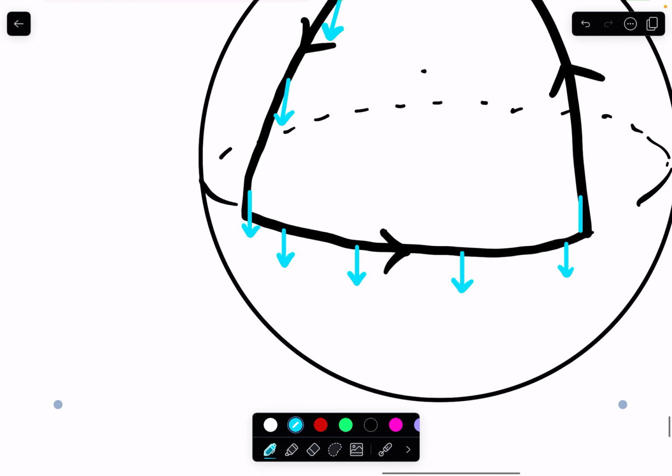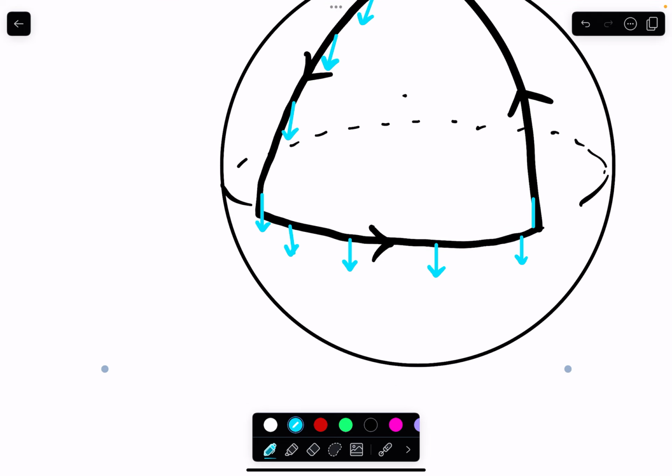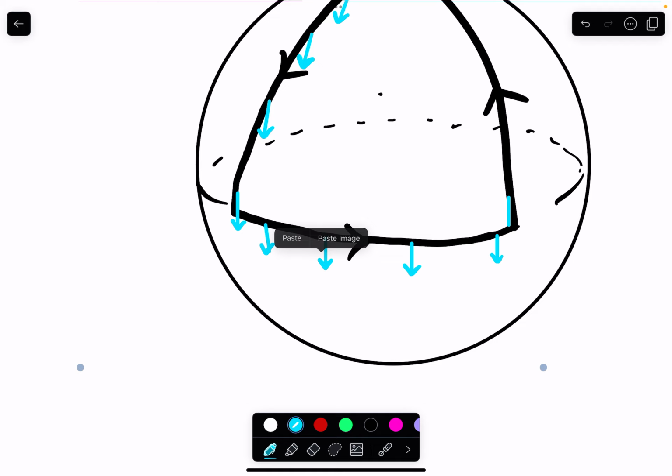Forgive me for taking a while with this. It's just trying to make sure that I get the angles and everything right. Okay, yes.